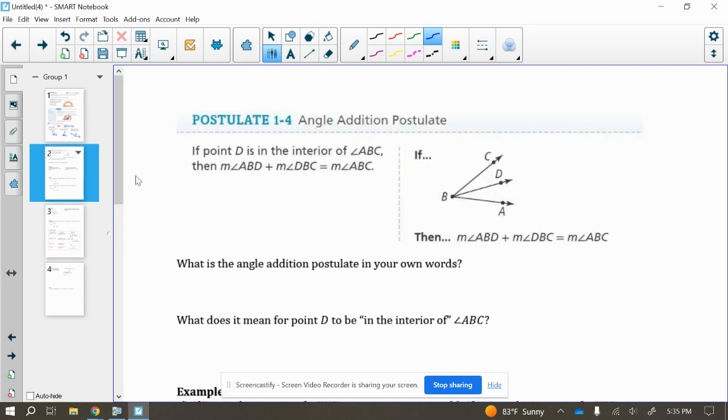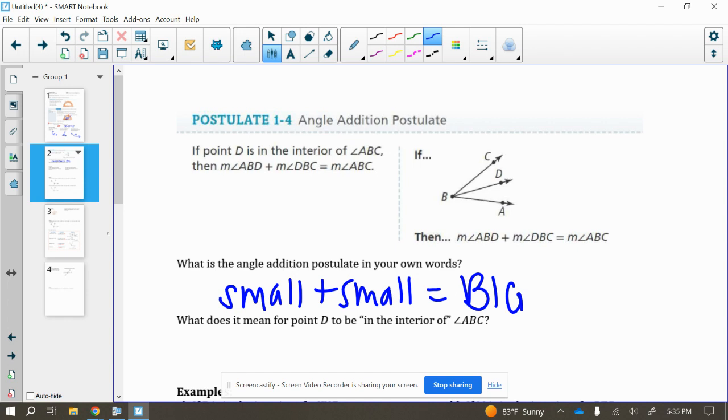Now, what all this is leading us to is similar to our segment addition postulate. We also have an angle addition postulate, which, again, I like to say small angle plus small angle is going to ultimately give us our biggest angle. So in the picture up above, angle CBD plus angle DBA gives us that total angle of CBA, or ABC.